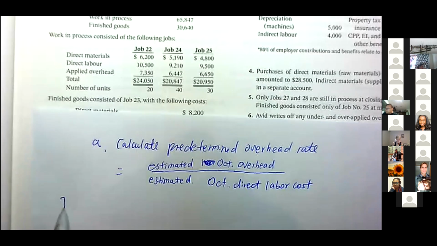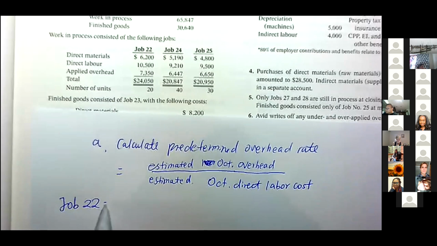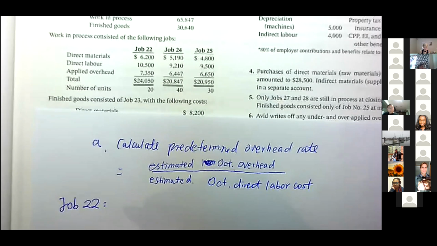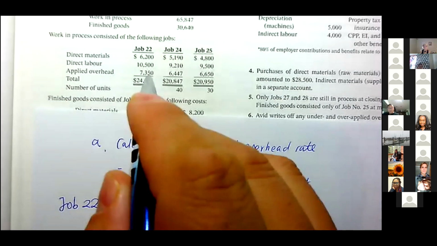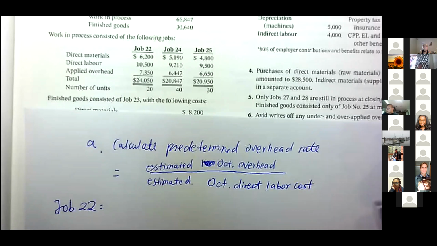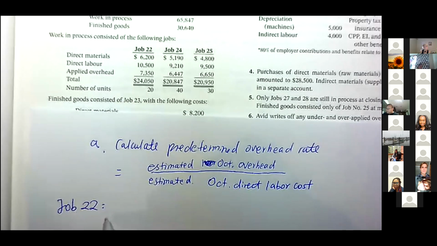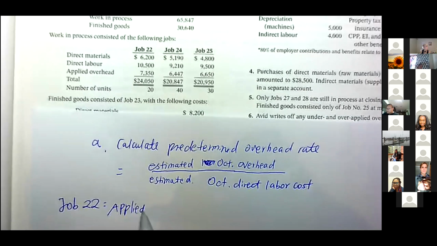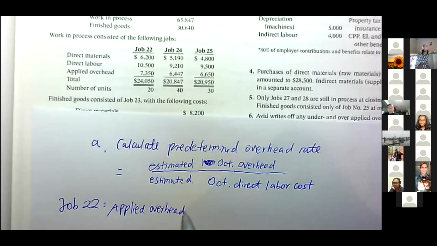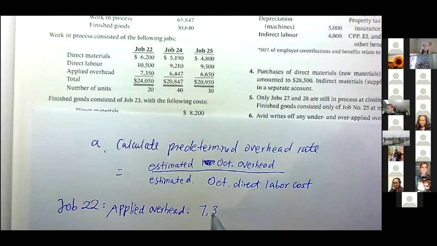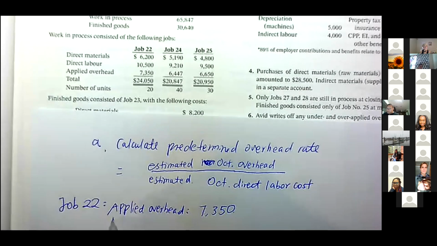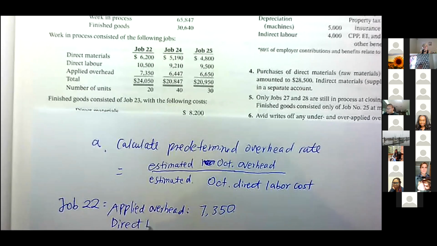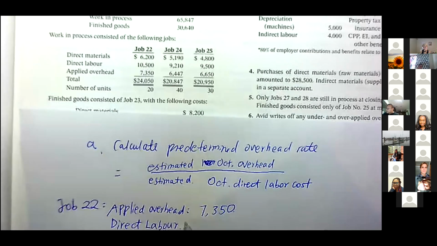See job 22. For job 22, the applied overhead is 7,350. So basically that's the applied overhead, 7,350. And what's the direct labor cost? 10,500. Yeah.